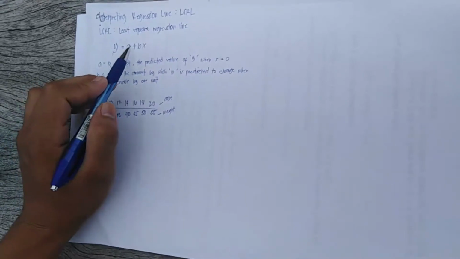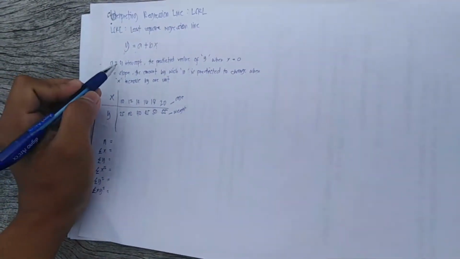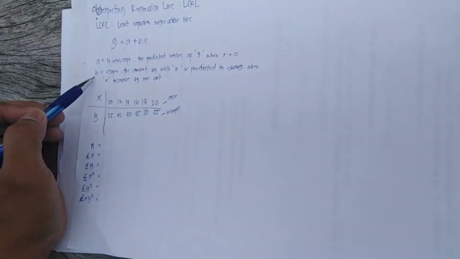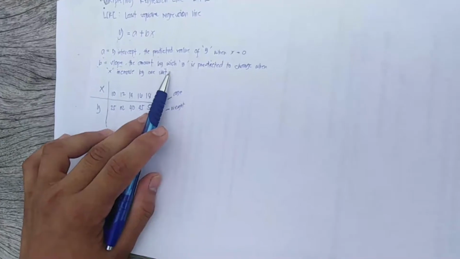So pwede nating sabihin na ang formula na to ang gagamitin para makapag-predict ng value ng y given the value of x, kung saan ang a, ang y-intercept, the predicted value of y when x is equal to 0, at ang b naman, ang slope, the amount by which y is predicted to change when x increases by 1 unit.